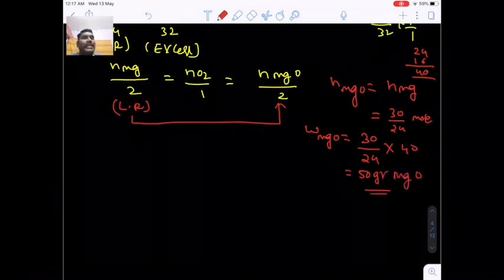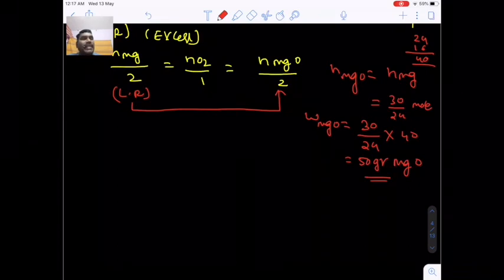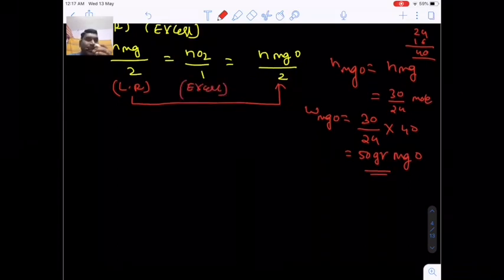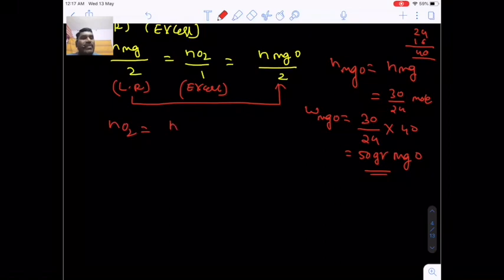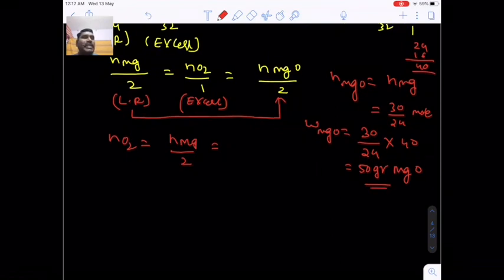Now here, which reagent will be in excess? Oxygen. Now come to here, the number of moles of oxygen is equal to the number of moles of magnesium divided by 2. Shall I write here? So the number of moles of Mg given to you is 30 by 24, by 2.